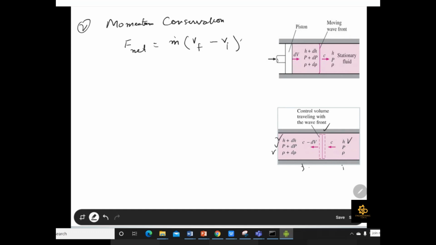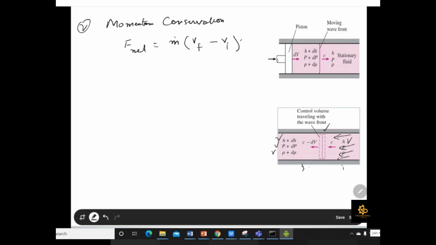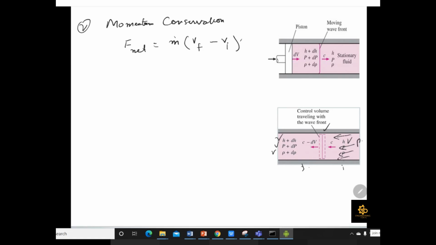Now if you remember from your mechanics, for example, if I want to apply some pressure, if due to the velocity there is some pressure that is developed inside this piston cylinder arrangement for a specific control volume, you can put the pressure like this.